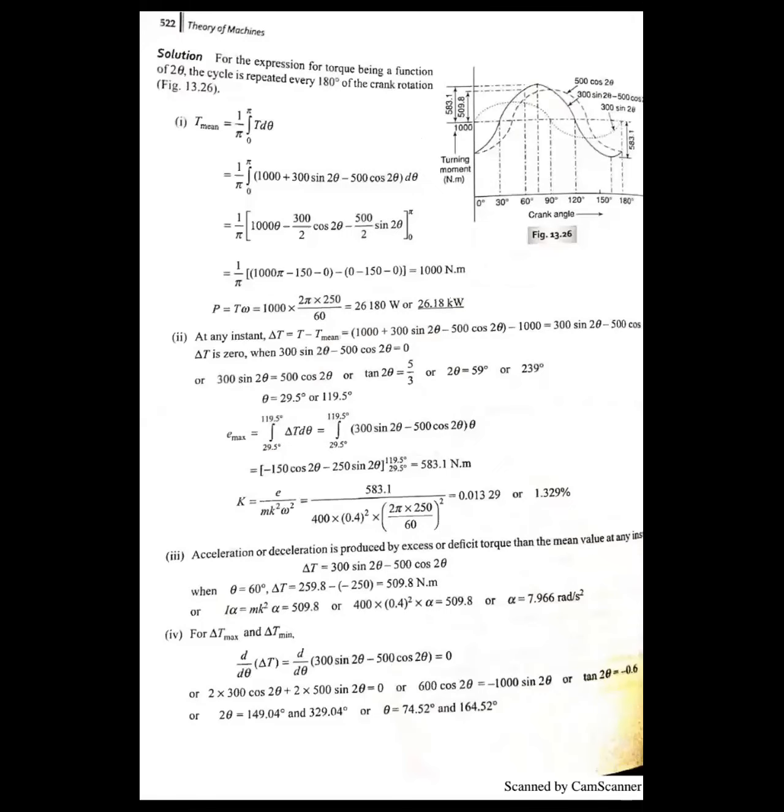That is why we take the crank angle as zero, then 30 degrees, 60, 90, 120, 150 and 180 on the x-axis, with each 30 degrees of difference. On the vertical axis we represent the turning moment in Newton meters.